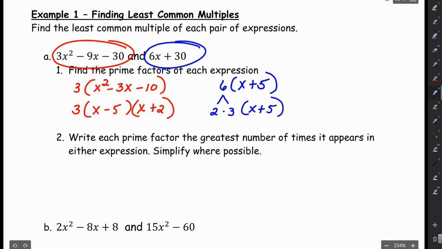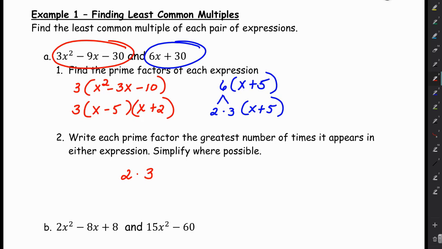Right, now the next step says write each prime factor the greatest number of times it appears in either expression. Simplify where possible. All right, so we have a 2. We have to include that. We have a 3. Now 3 only occurs once in either one of these, so we only need one 3.